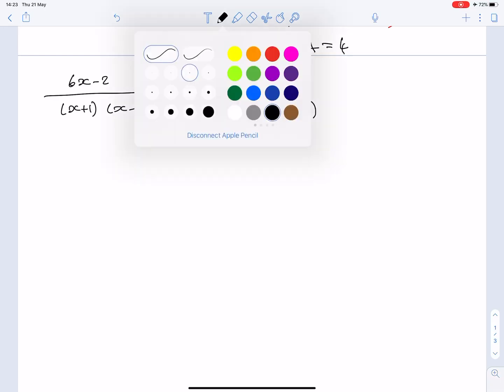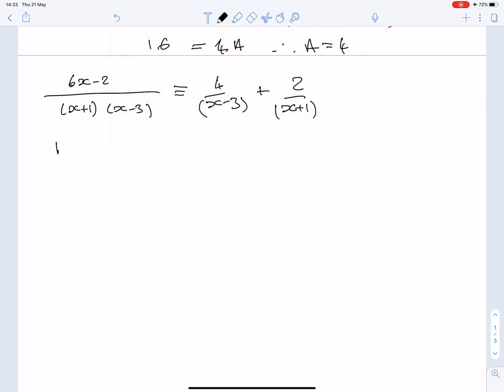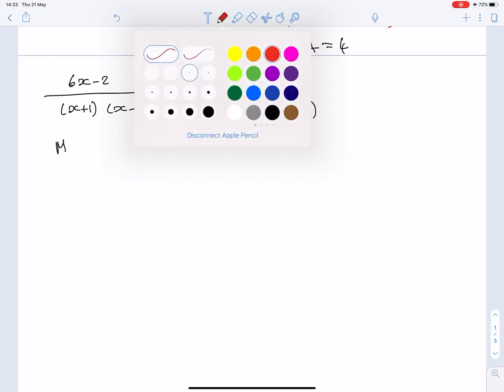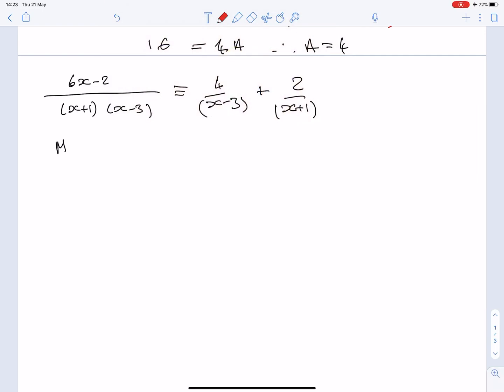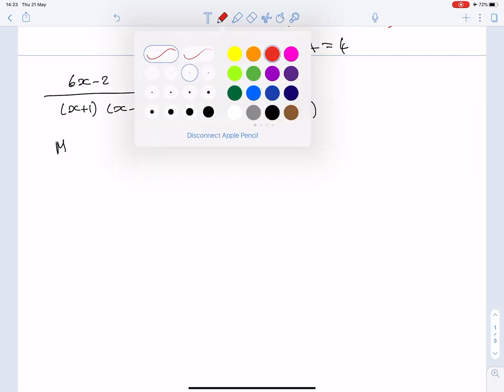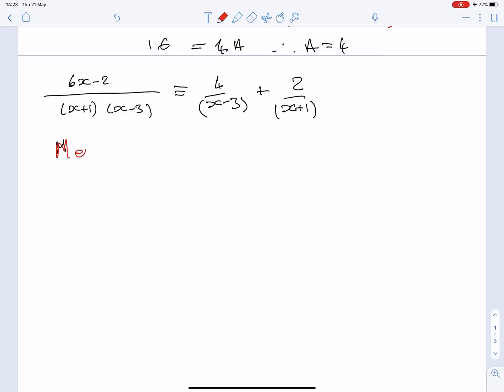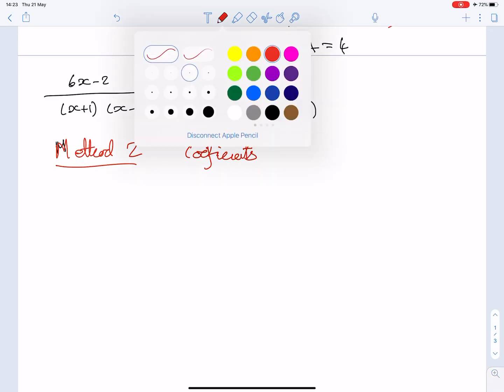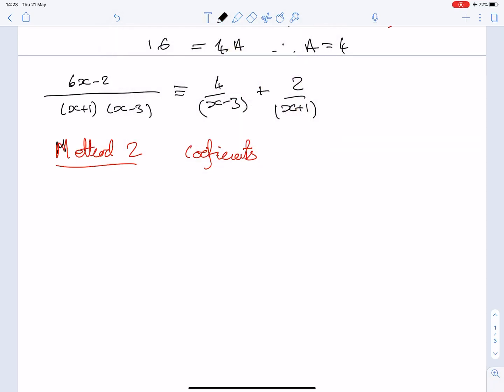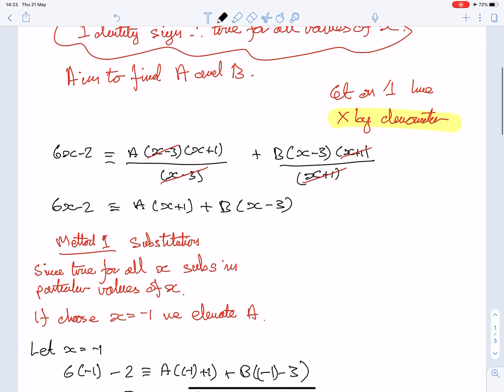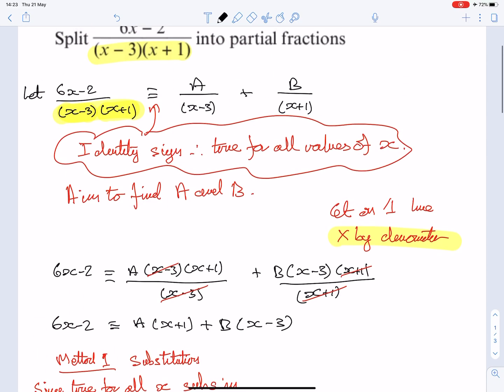Okay, method 2, coefficients. So we start in exactly the same way as last time. That was this little section here that we've already written out.